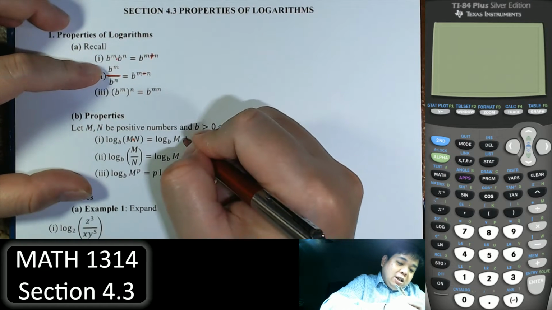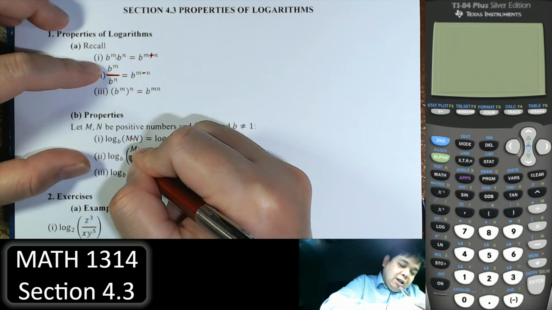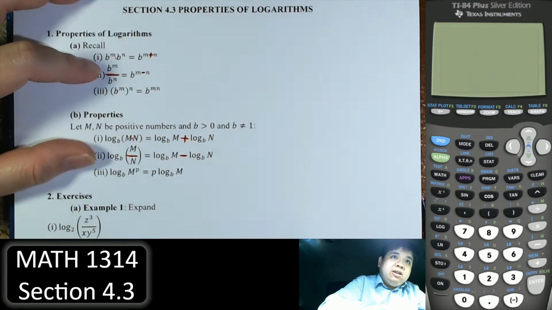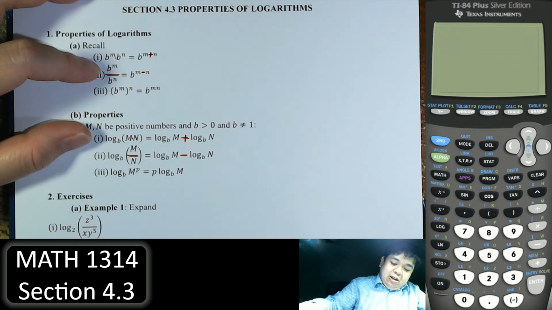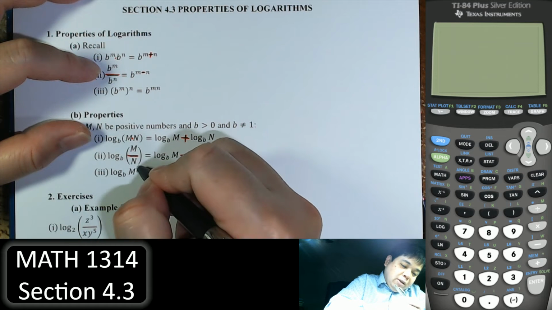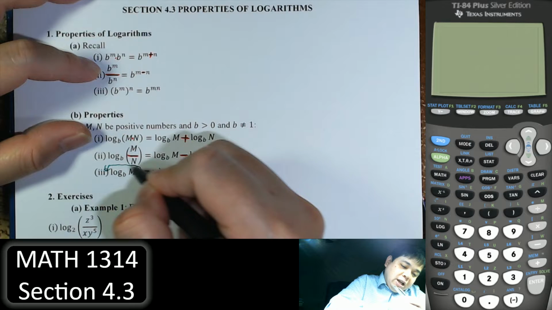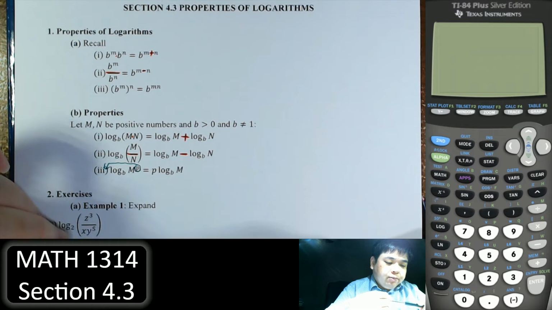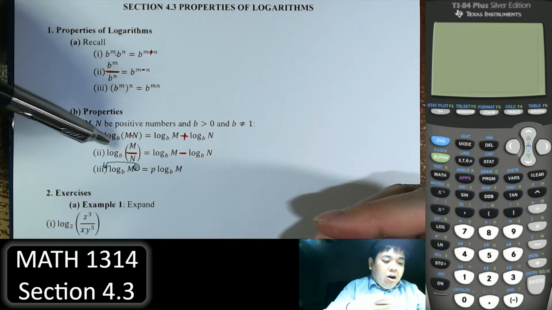Multiply, turn into a plus. Subtract is division. And then from here, we can take the power outside as a coefficient. So those are the properties, right? So log addition.